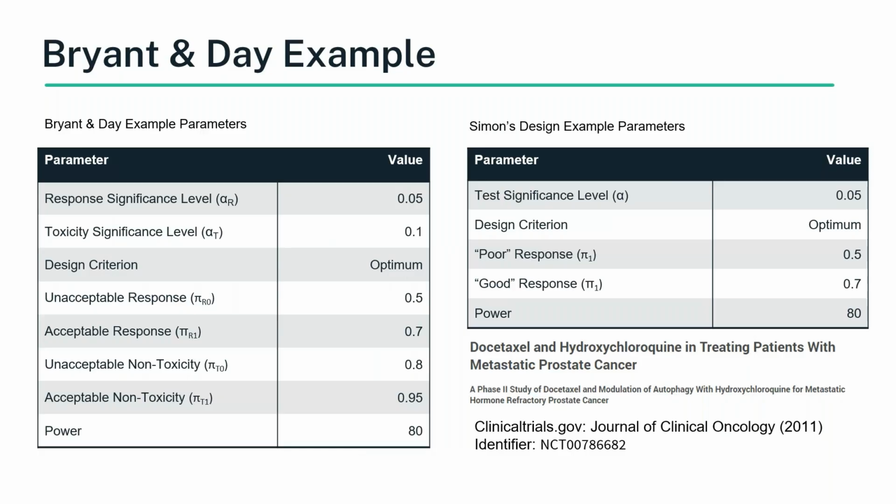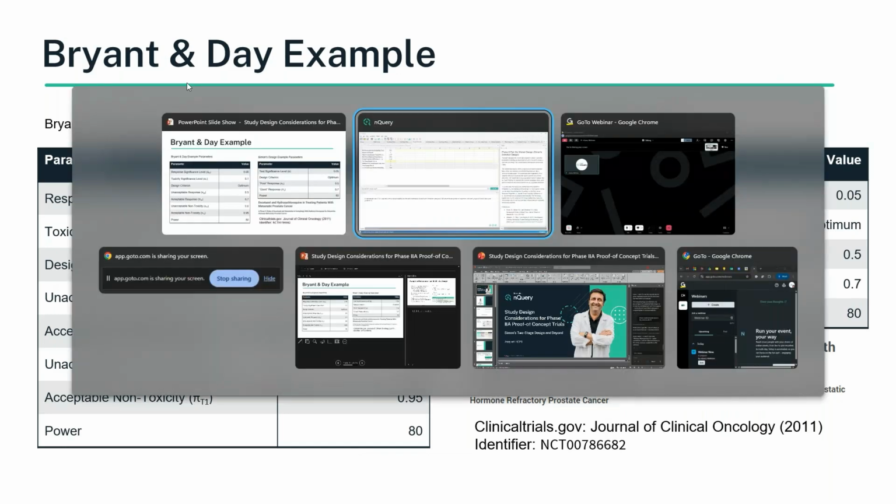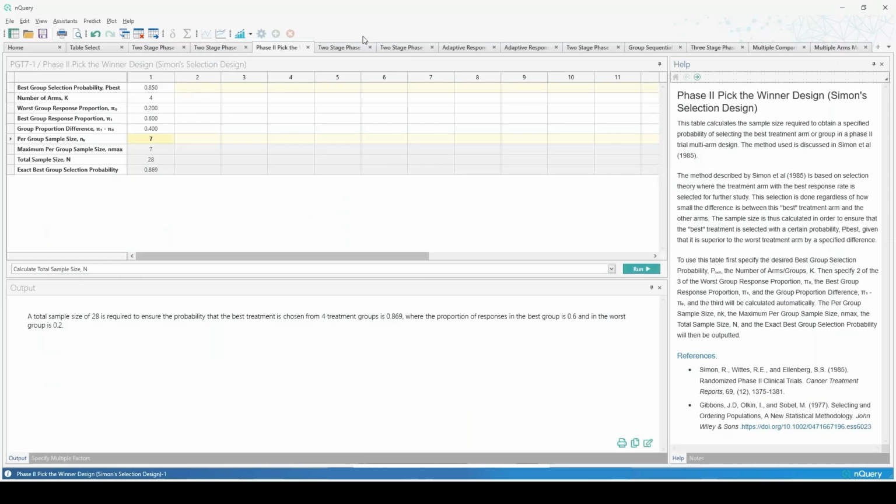However, some additional parameters are required, like the acceptable and unacceptable levels of non-toxicity, and also an additional type 1 error rate constraint for the toxicity element of the design. But yeah, once again, this will hopefully make a bit more sense once we look at this in nQuery.